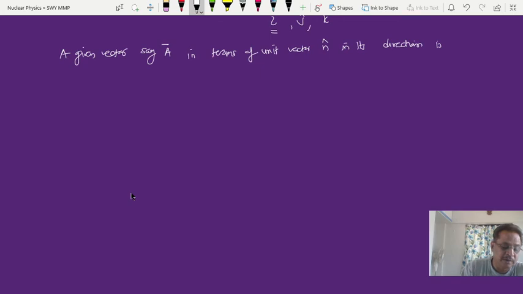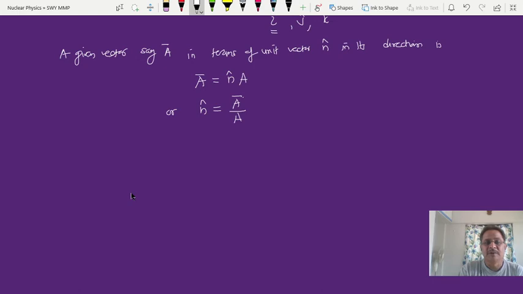You might be knowing all this relationship: A bar is equal to n cap into its magnitude A. For any vector, its unit vector can be calculated by the simple method, that is the vector itself divided by its magnitude. That is known to us, it is nothing new for us.